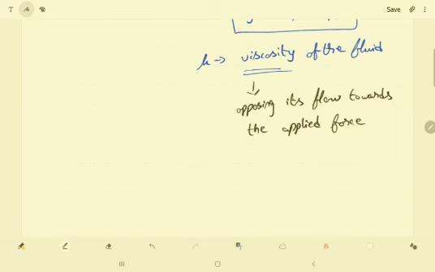If viscosity is more, then the force applied should also be more.